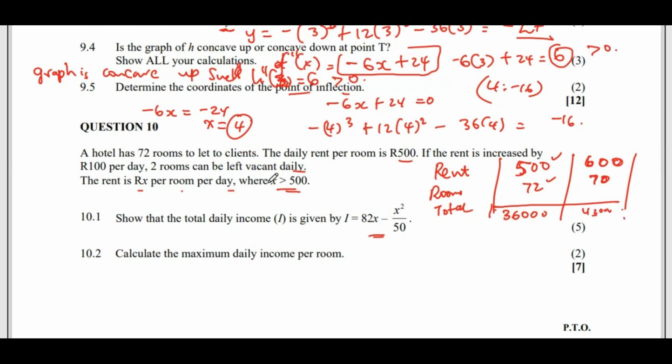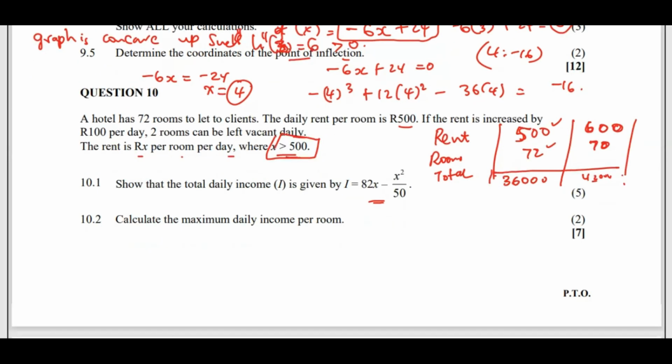Where X is greater than 500, we need to look for the total increase, or the rate at which the increase is taking place.